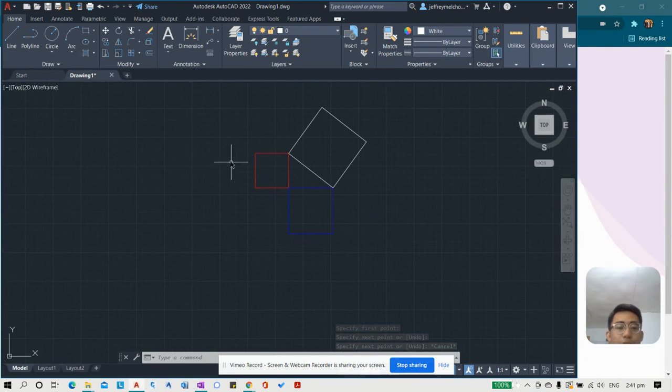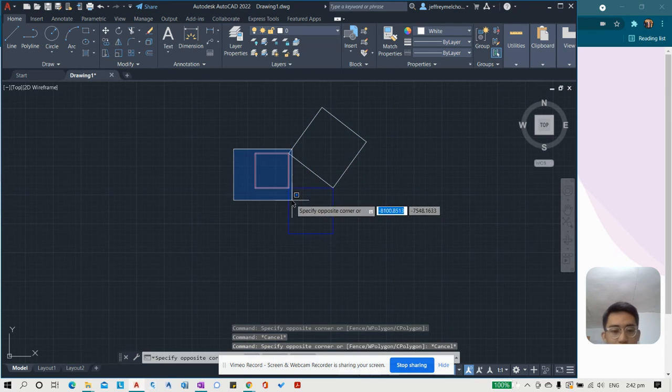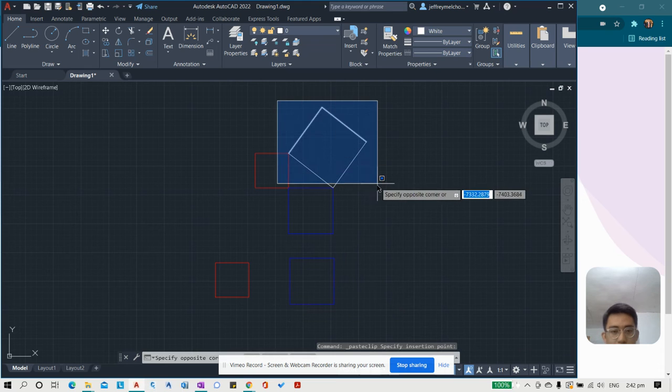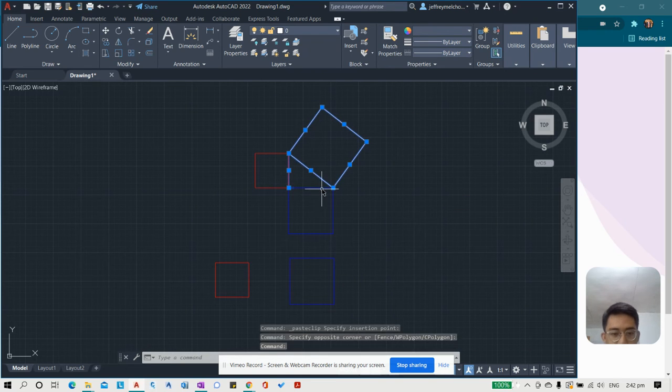So, according to the theorem, the sum of the squares of these two sides, which are these two squares, is equal to the square of this side, which is this square. So let us prove this fact one by one. So let me copy these squares. Let me deselect these lines.